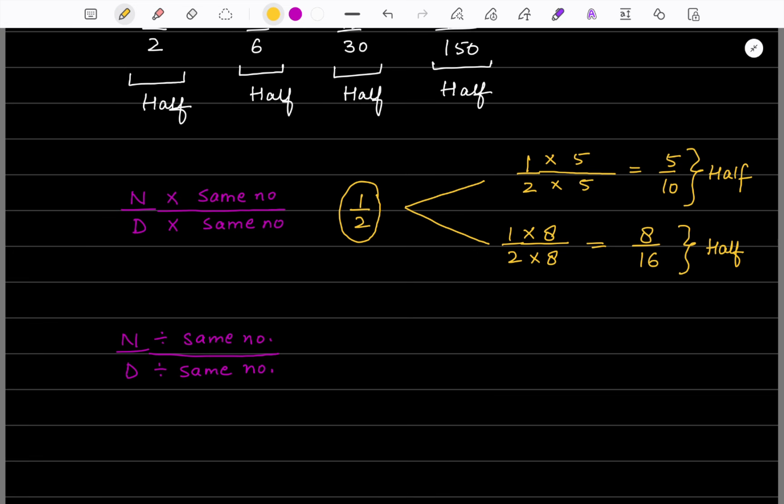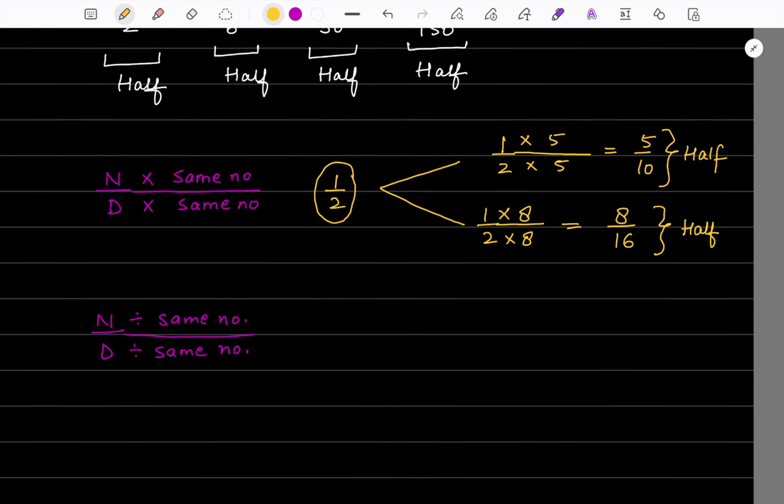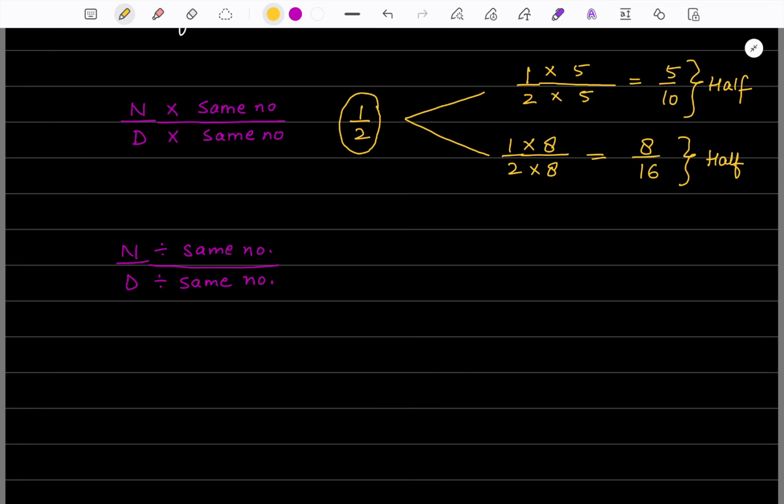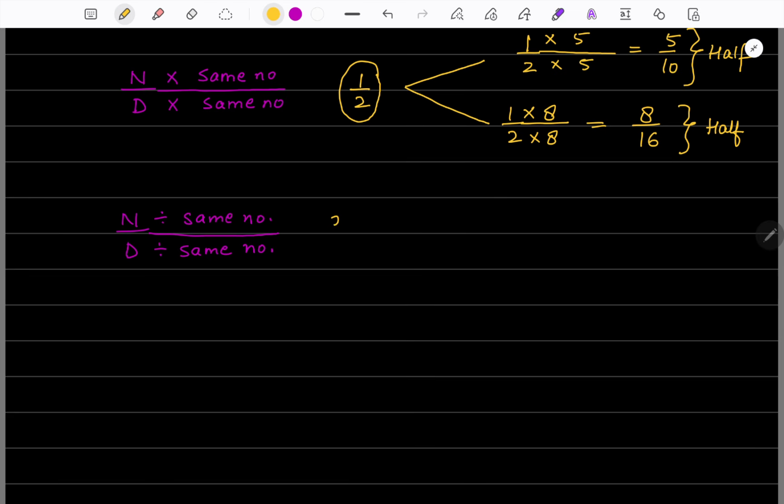Now for finding equivalent fractions by division, we take another example, and the example here is 30 by 60. 30 by 60 represents half of the whole, and when we do division, 30 divided by a number and 60 divided by the same number, the number here we are taking is 3.